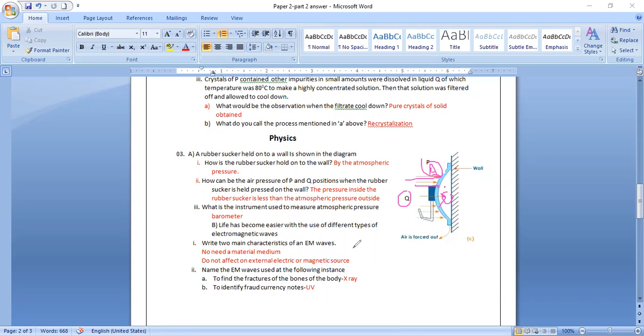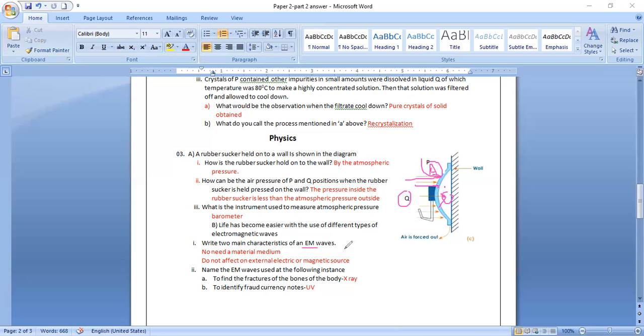In a transverse wave, the particles travel perpendicular to the wave. Mechanical waves need a medium for propagation, but electromagnetic waves do not need a medium. So main characteristic, you can see, no need of a material medium.